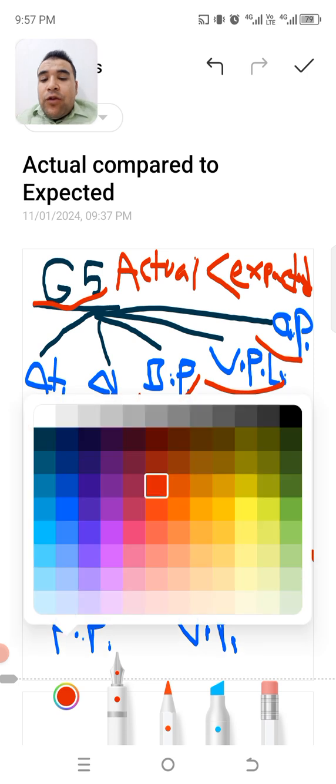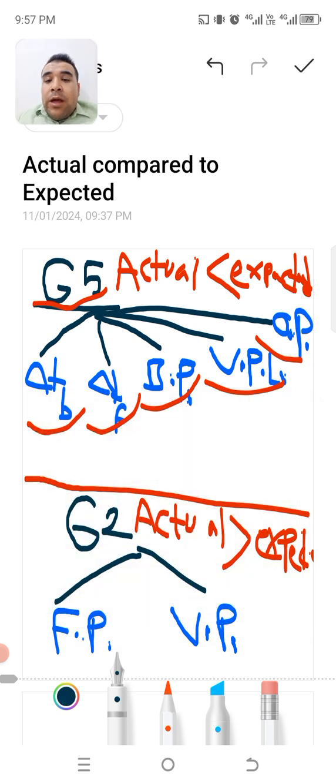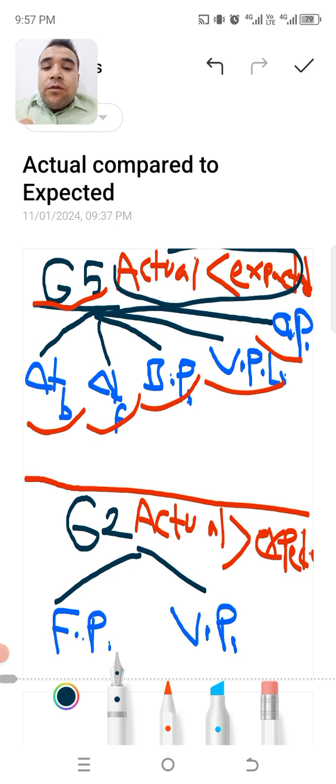And we have to know that if the question asks about the actual values of these 5, the actual value is always lower than the expected.